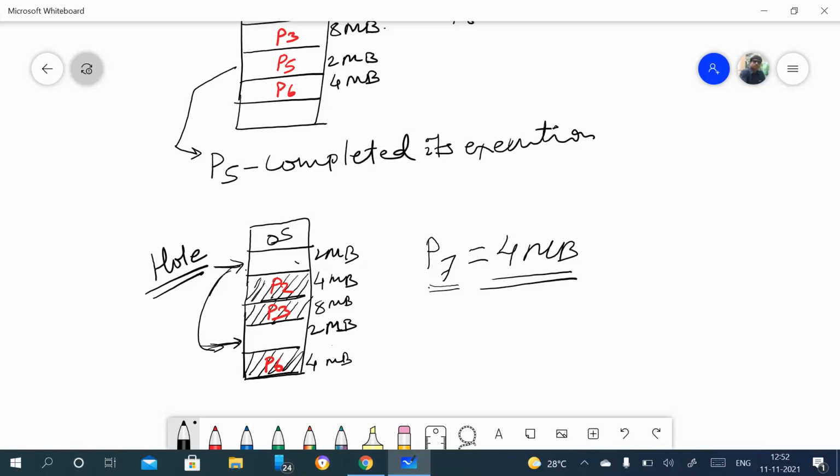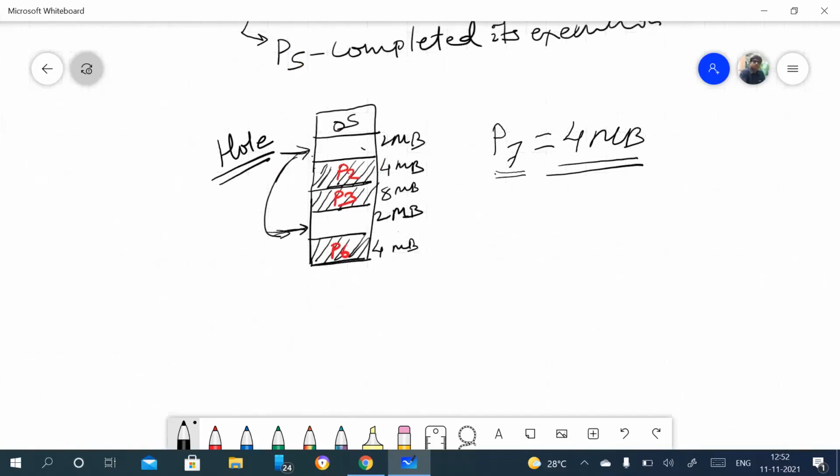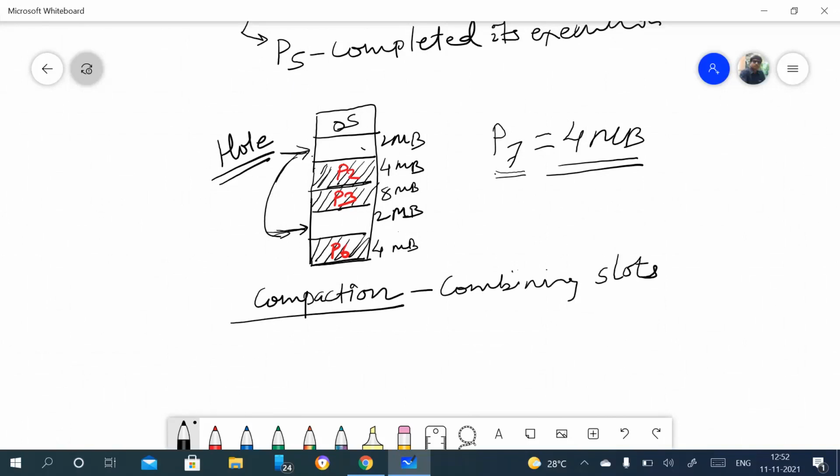So we need to club these, and combining these two slots is called compaction. The technique to combine these two slots is called compaction.